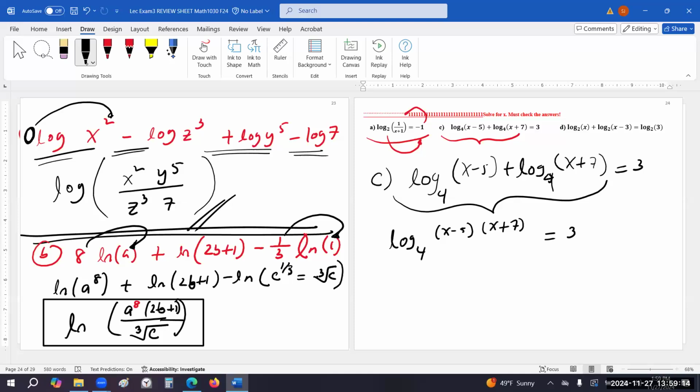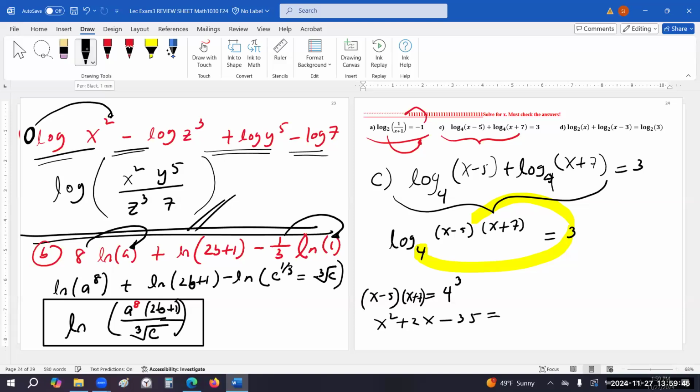When you have a single log on one side and a number on the other side, we convert them into exponential. So we have 4 to the 3 equals x minus 5 times x plus 7. If I remember correctly, it will give you x squared plus 2x minus 35.